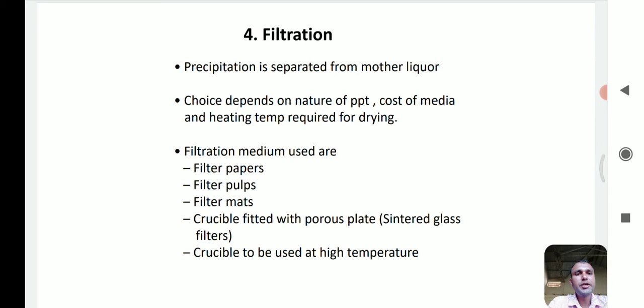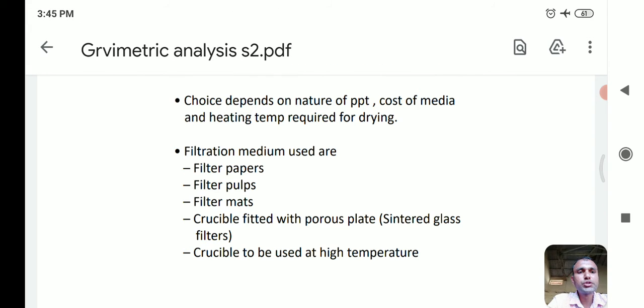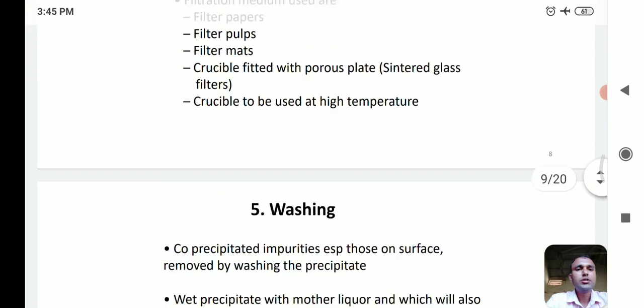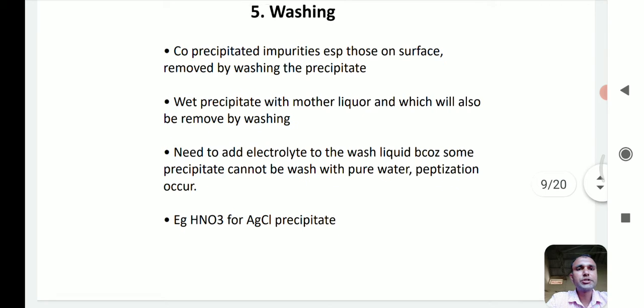The filtration media used are filter paper, filter pulps, filter mats, and crucibles fitted with porous plates. There is a crucible called a sintered glass filter crucible. It has porous plates through which we can filter. The crucible can be used at high temperature. Okay, so this is the filtration.